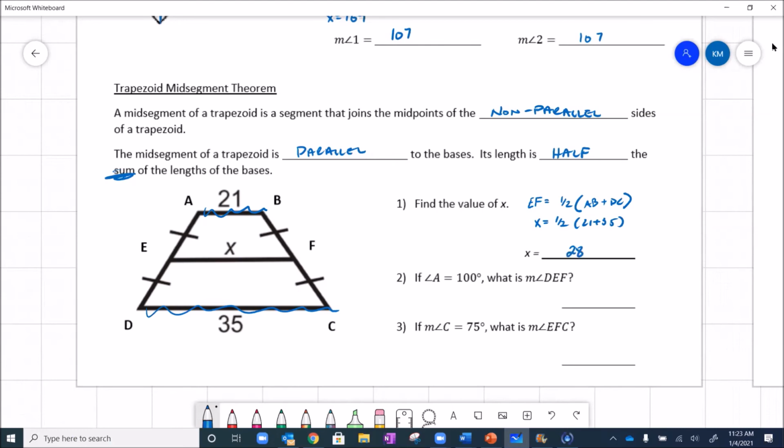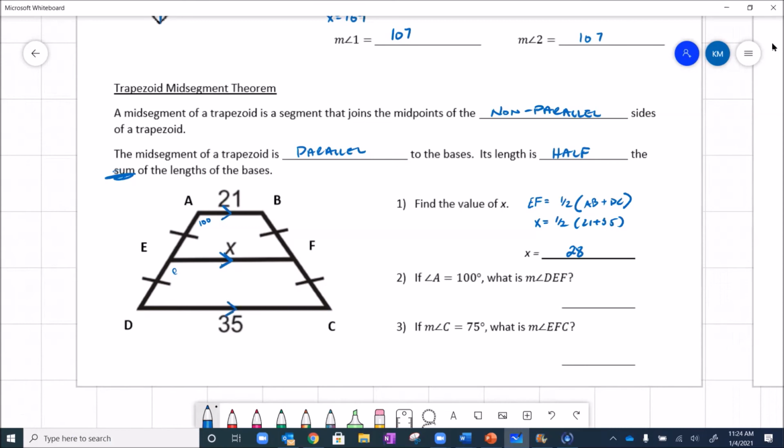The next question says, if angle A equals 100, what is the measure of angle DEF? So DEF, right here. What they're questioning here is that we understand that this mid-segment is parallel to the bases.